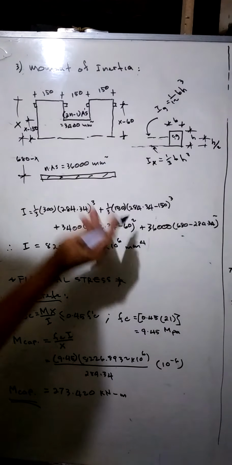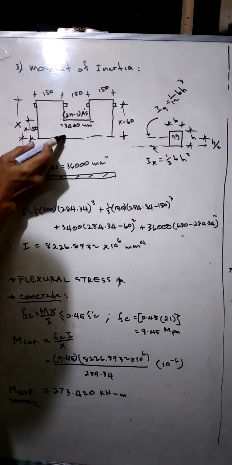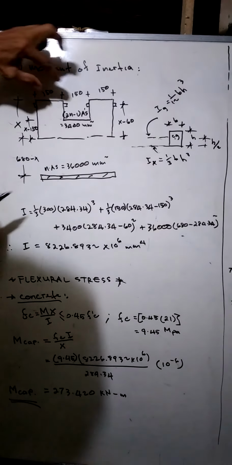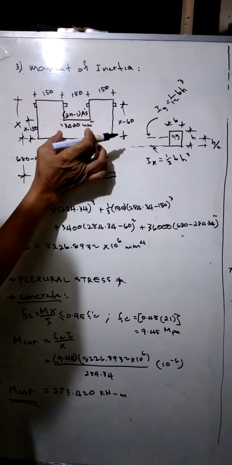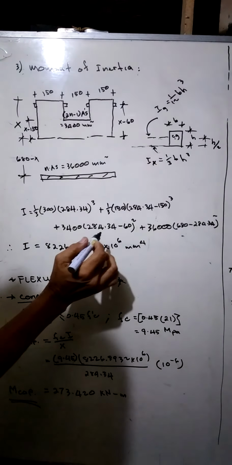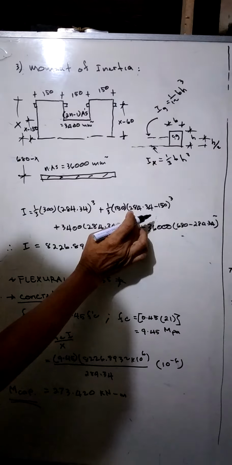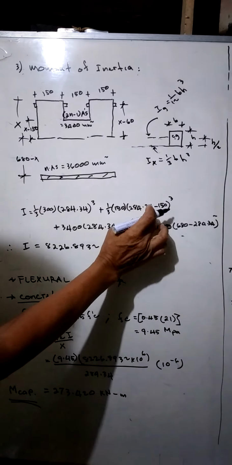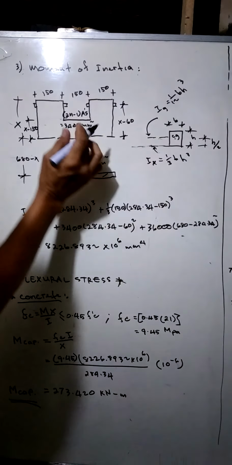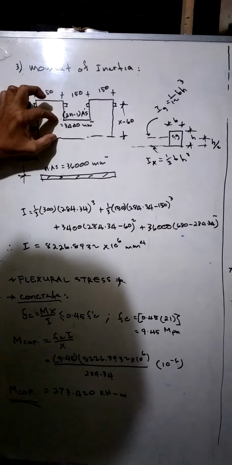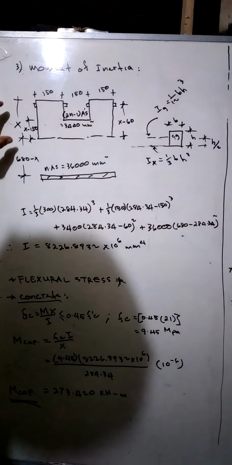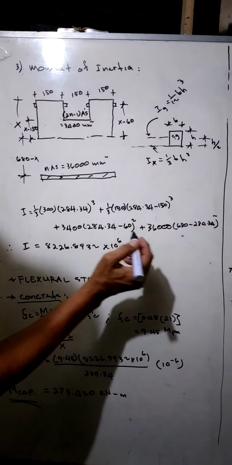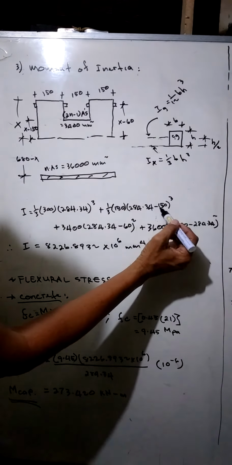Then plus this one, this is rectangular, 1/3, 150 times the 284.34 minus 150 to the third. This height is x minus 150.